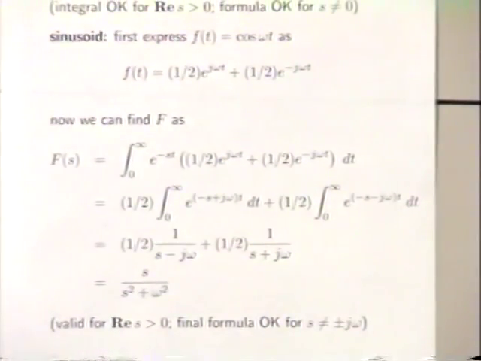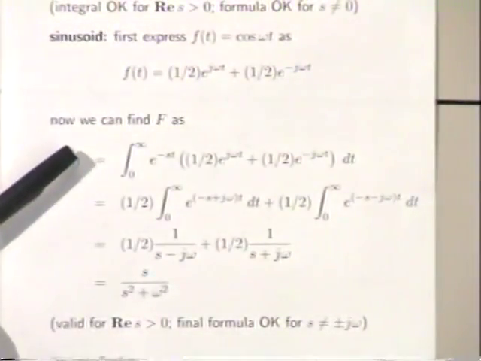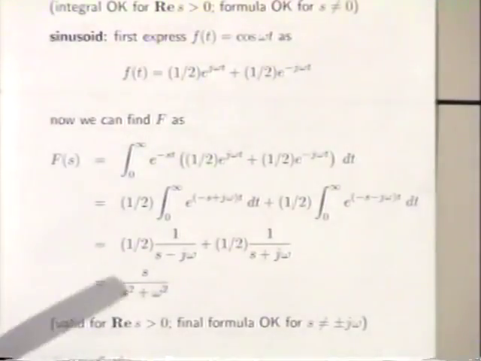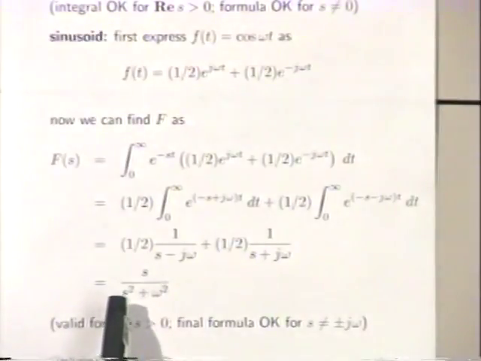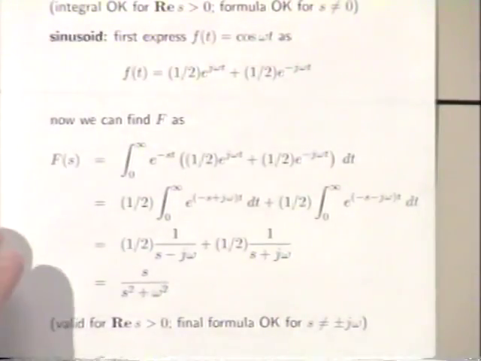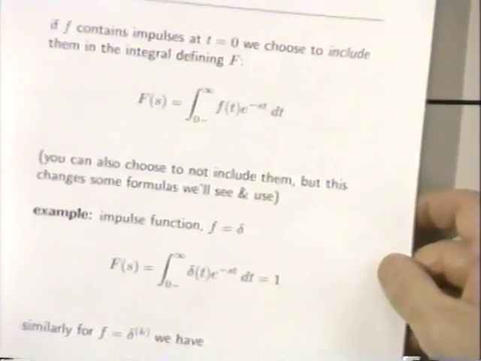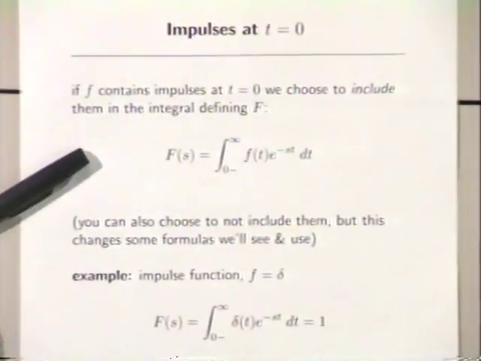And this formula, for example, is valid for whenever the real part of s is positive, the integral makes sense. But this formula actually makes sense for all s except for 2 complex numbers, which are plus and minus j omega. Okay? Because when I plug in s as plus or minus j omega, I get 0 in the denominator here.